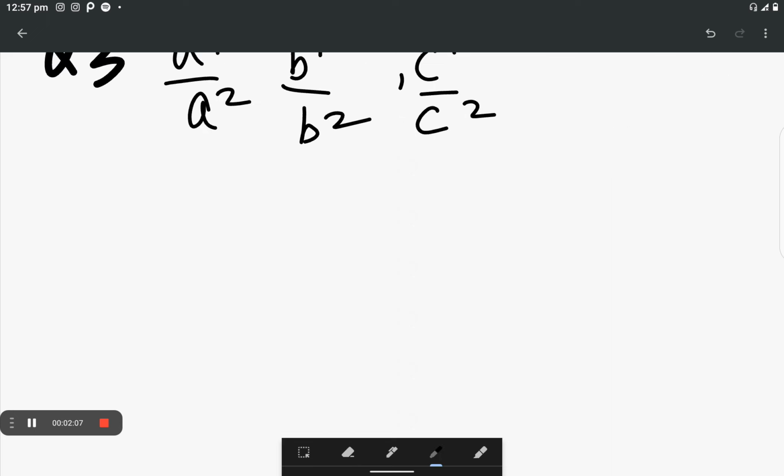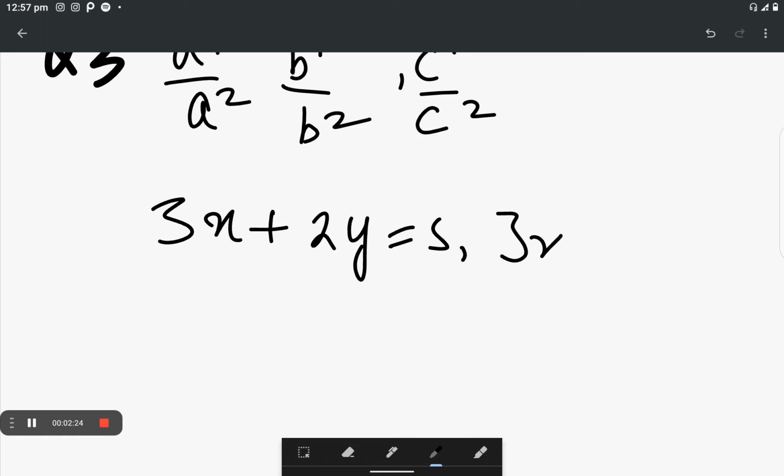The first part says 3x plus 2y equals 5. Now this is not in the standard form, so we will first have to convert it to its standard form, which is 3x plus 2y minus 5 equals 0.